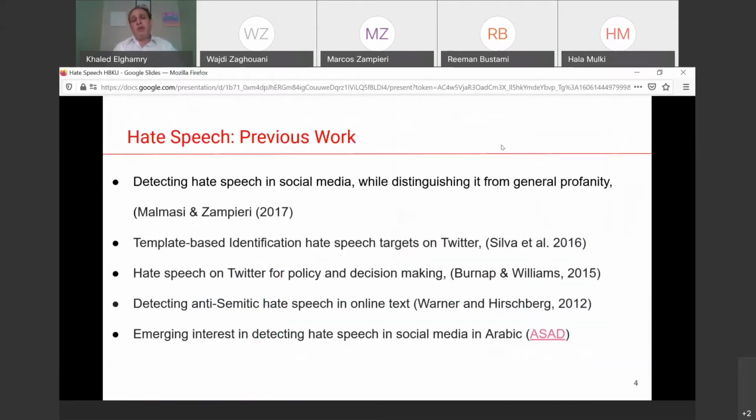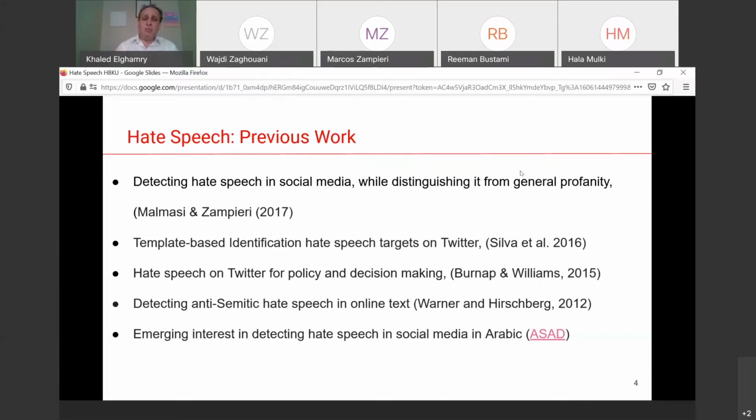There has been some previous work. Marcus already mentioned some of it. Previous work touches upon different aspects of hate speech, such as distinguishing between hate speech and profanity in general, like Malmasi and Zampieri, 2017.